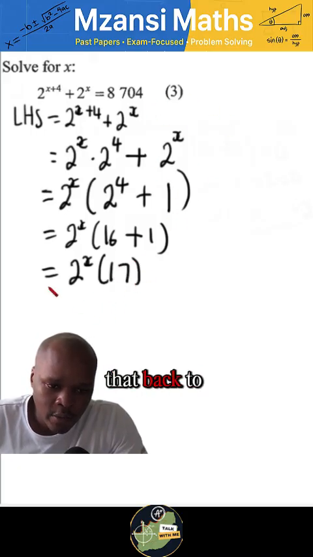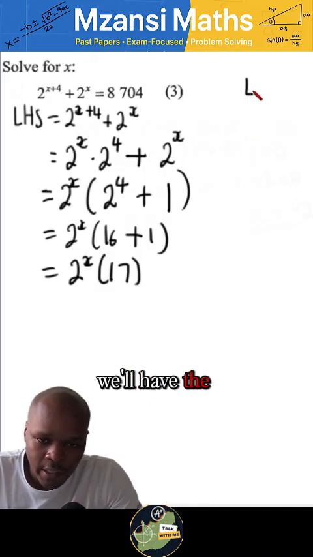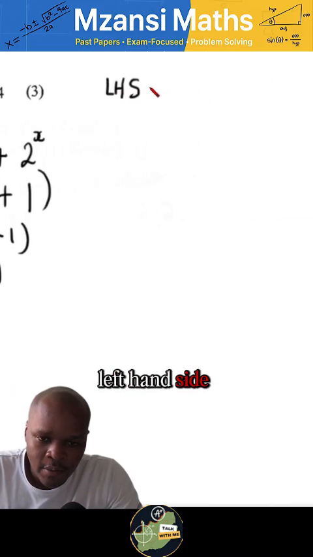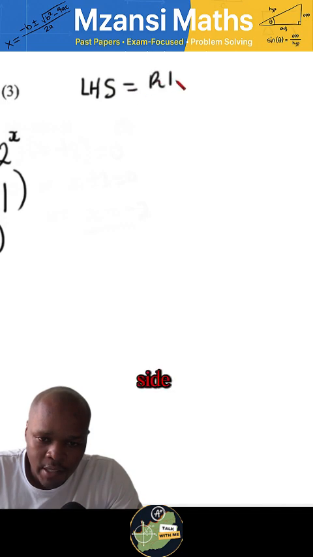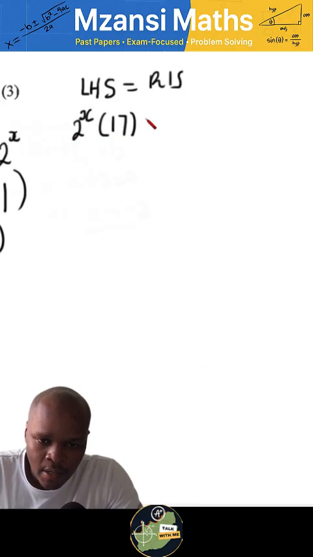Now, taking that back to our equation, we'll have the left-hand side equal to the right-hand side. We have simplified the left-hand side to be 2 to the power x times 17. Our right-hand side is still 8704.